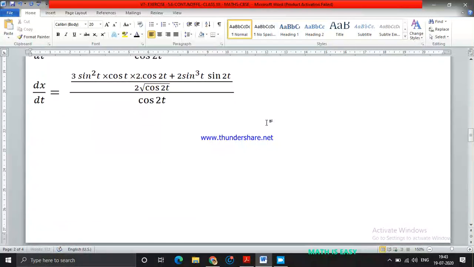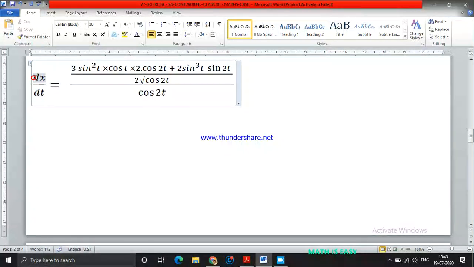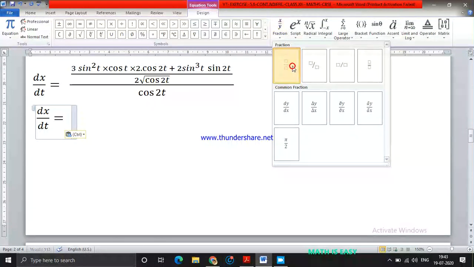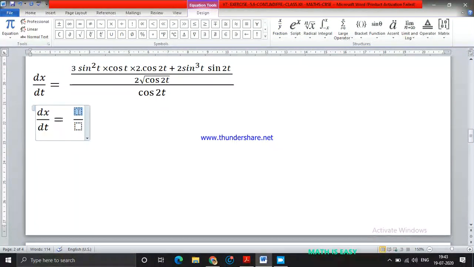Next step, what is going to change: this dx by dt equals to, now let me insert the fraction here. In the numerator, let me keep it as it is, there is sin cube t, no need to take anything common.